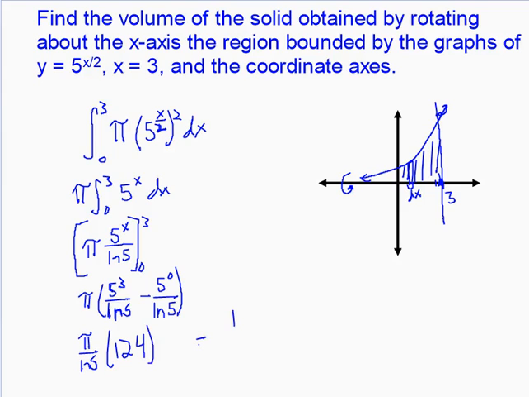So we have 124 pi over natural log of 5, and this is units cubed. And there's our answer. We could put that in a calculator and find that approximation. But again, just using the integral of an exponential.